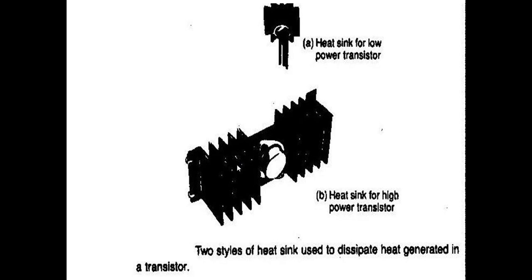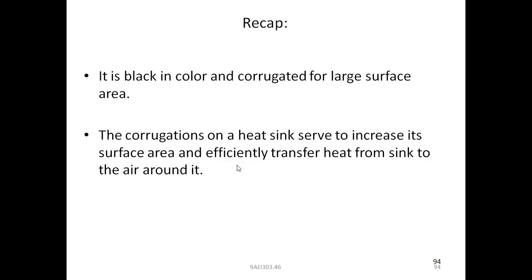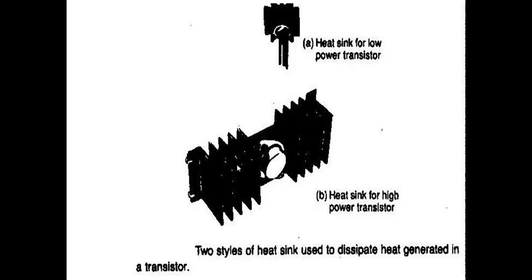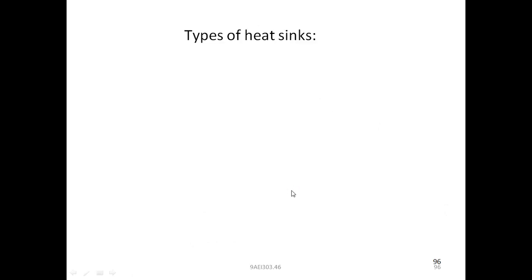The corrugations on a heat sink increase its surface area and efficiently transfer heat from the sink to the air around it. The above structure is a push-on type heat sink. This heat sink is used for low power transistors. The next one is a heat sink for high power transistors.